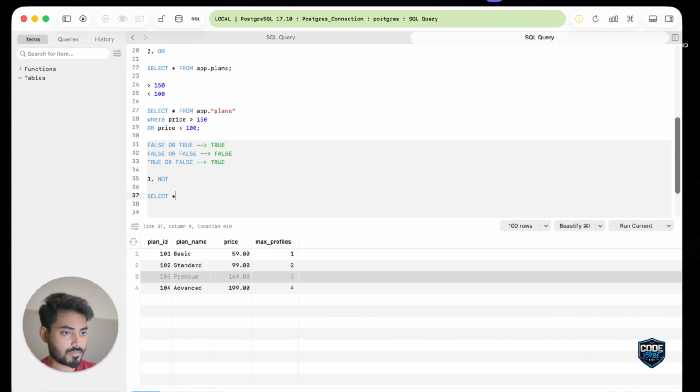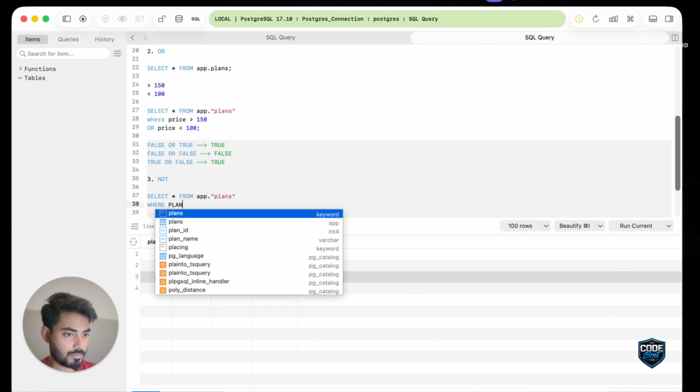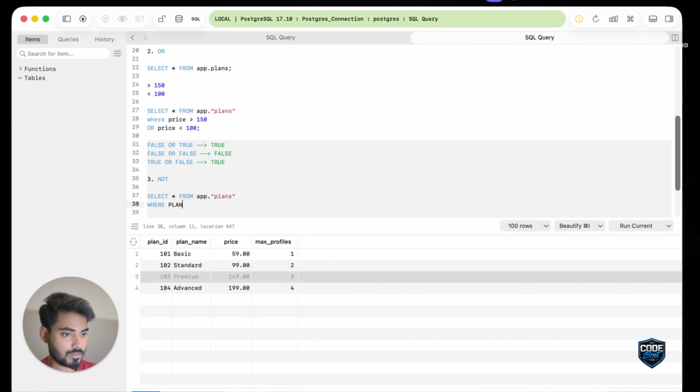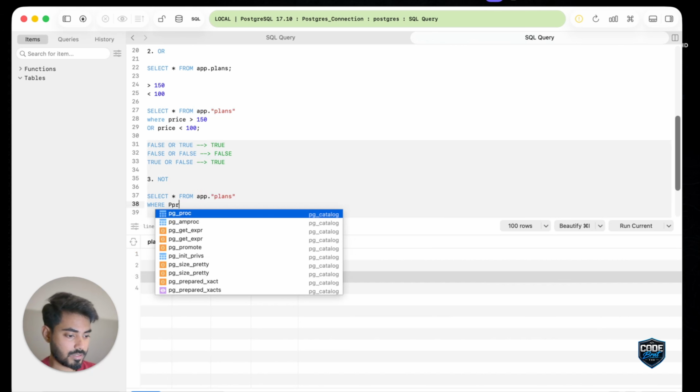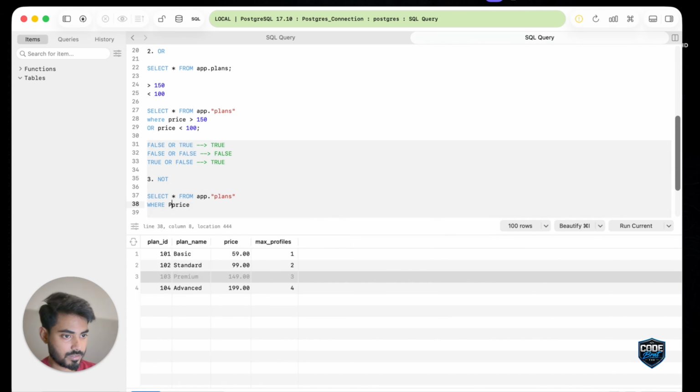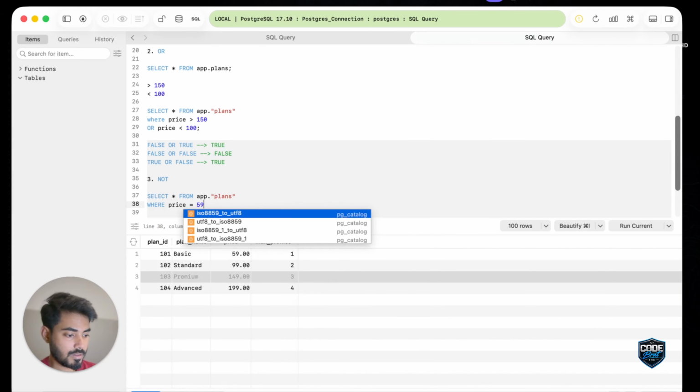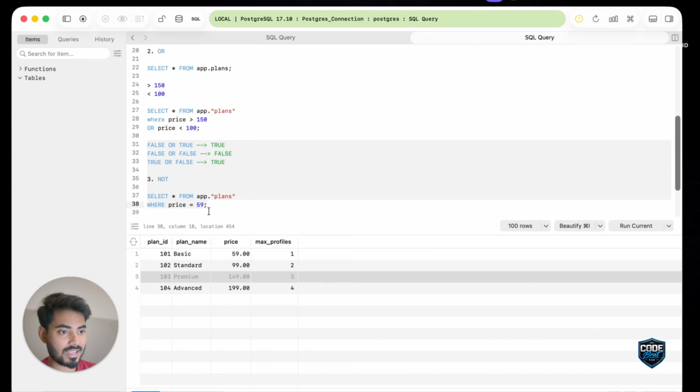So we will write again, select star from this table where price is equal to 59.